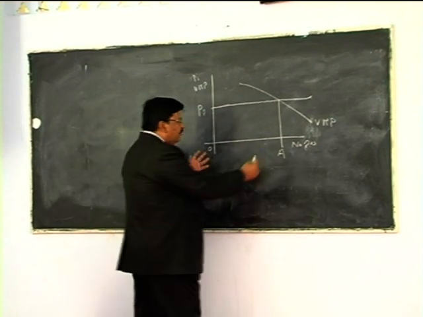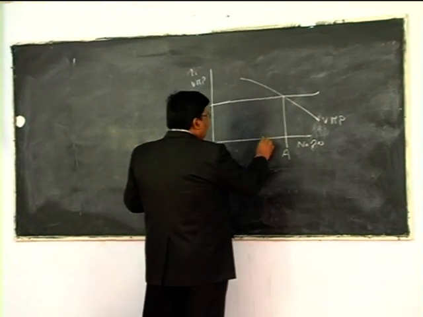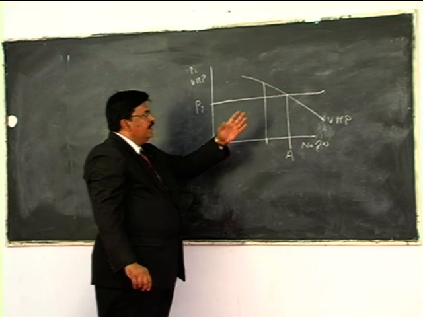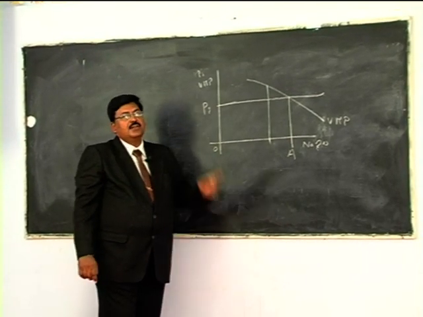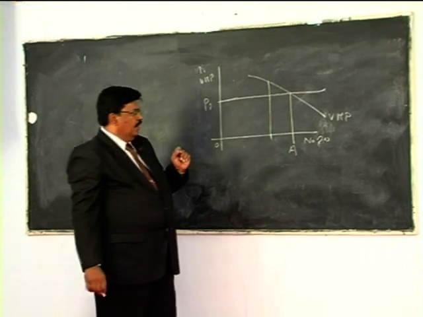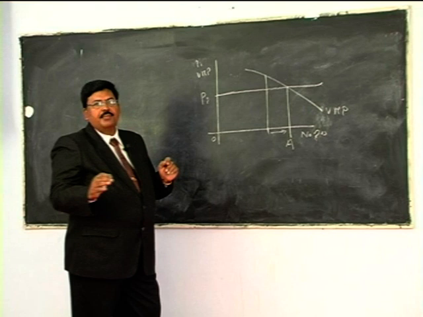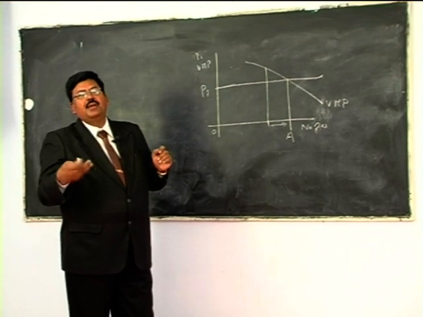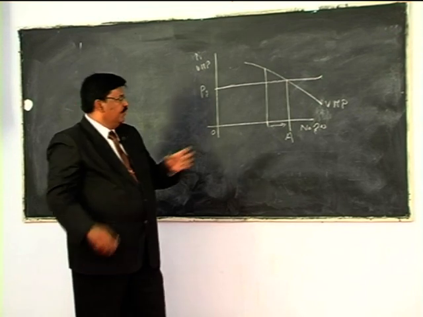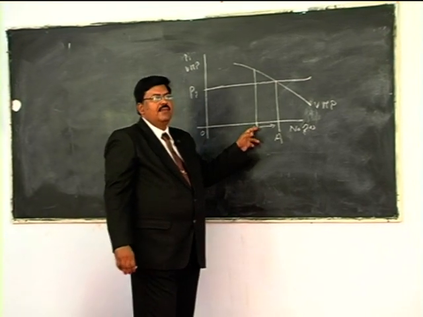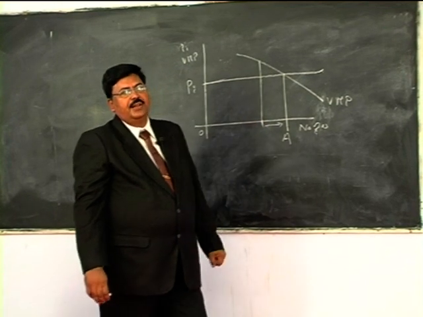What happens if the firm employs less than this quantity? So here VMP is greater than price of input. That means you are missing an opportunity, or by expanding towards A, more profit can be generated. So if you stop here, any level of input use less than OA is a missed opportunity.